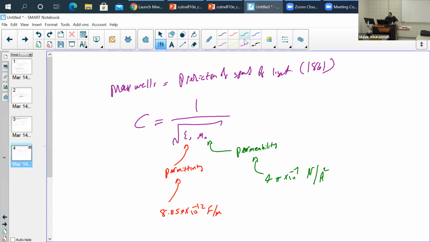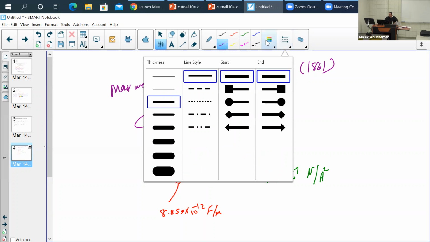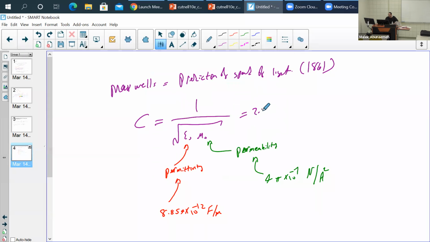Now, putting these together, you should be able to get 2.99 times 10 to the 8 meters per second, which you can simplify as 3 times 10 to the 8 meters per second.